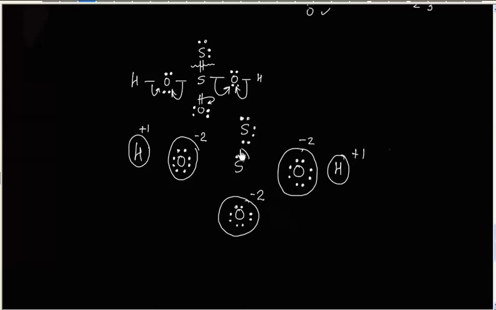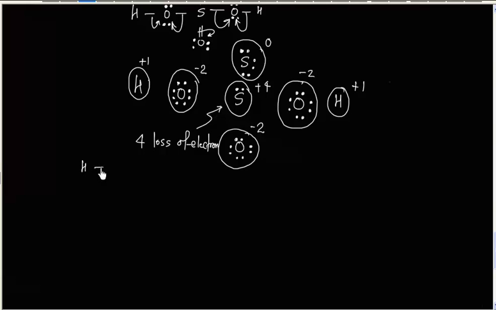This sulfur has a loss of 4 electrons, so in this case we will have plus 4. And this has 6 electrons, and sulfur should have 6 electrons in the case of a neutral sulfur atom. So there is neither loss nor gain of electrons, so it will have 0 formal charge.